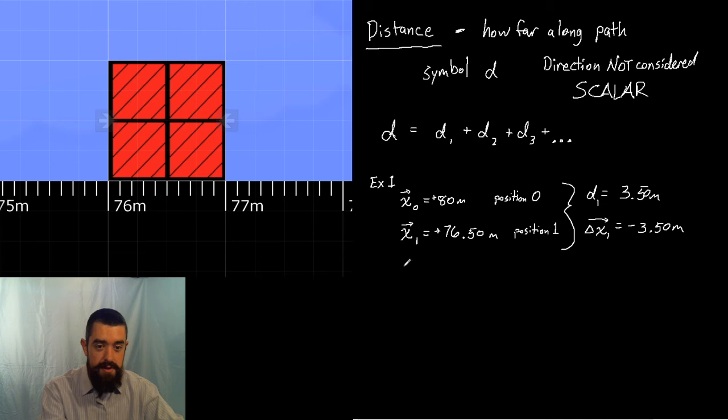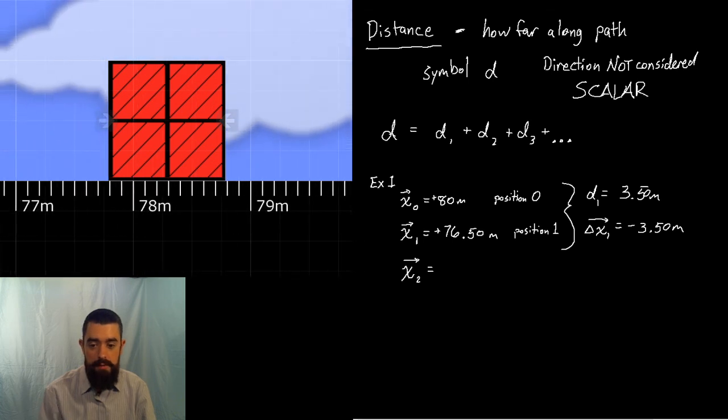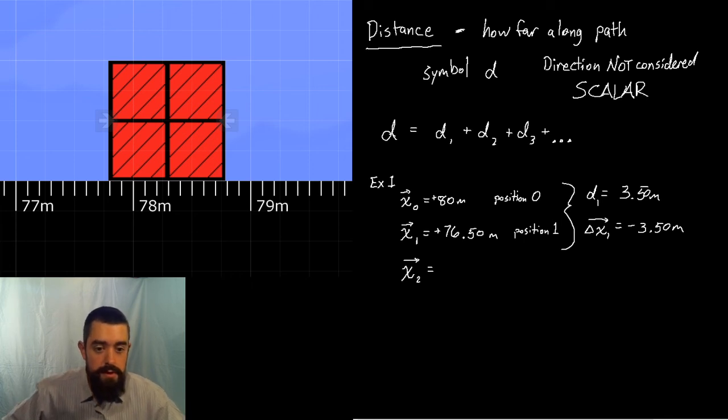Okay. So let's keep going with this example, and let's define a third position. We'll call it x2 because we had x0 and x1. So now I'm going to start the simulation, and I'm going to move the box to the right a little bit. Okay, I moved it to the right a little bit. So the new position is now 78.